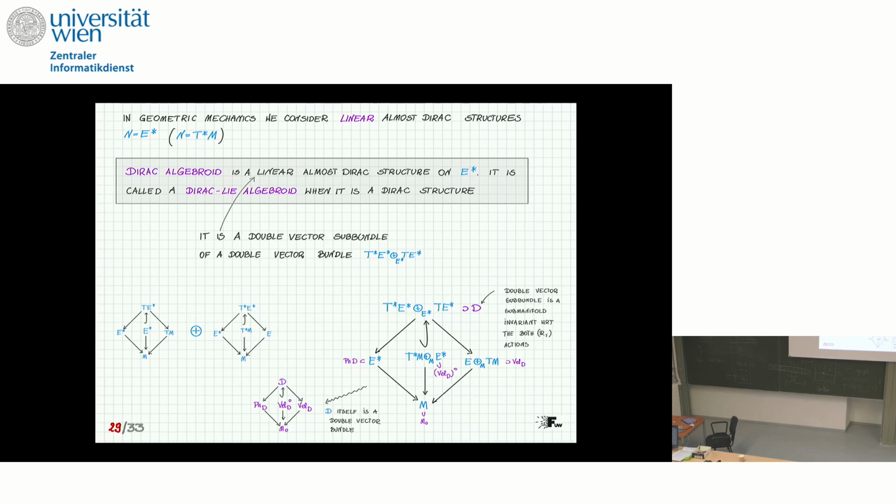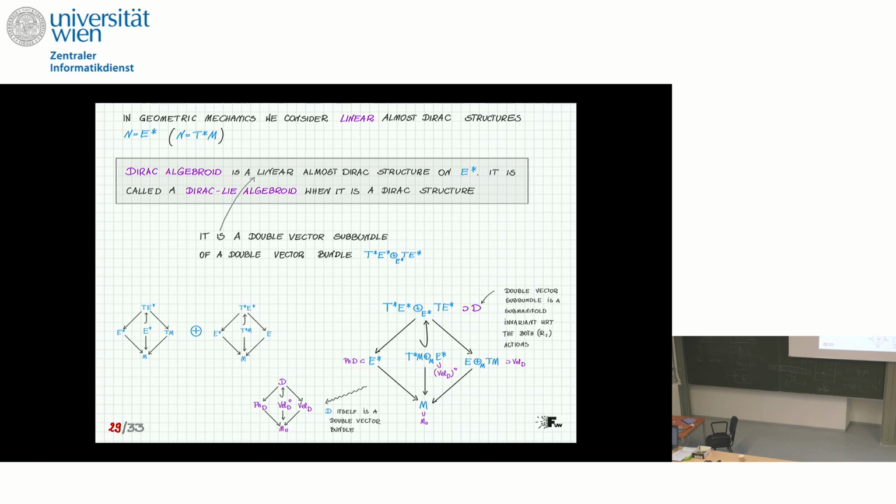And linearity is usually expressed as being a morphism of some double vector bundle. Since we are not talking about maps but about subbundles, linearity means that this subbundle is not only a subbundle of this projection, but it is also a subbundle of the other projection.